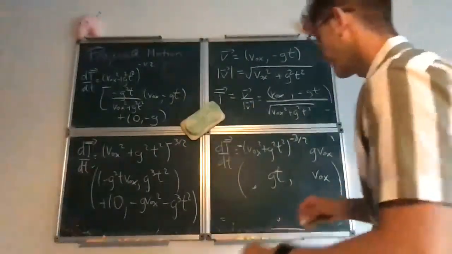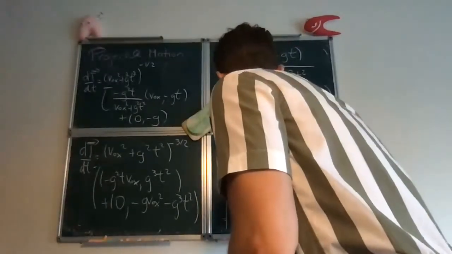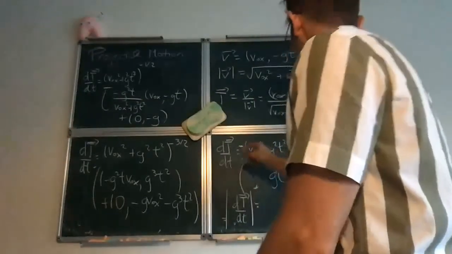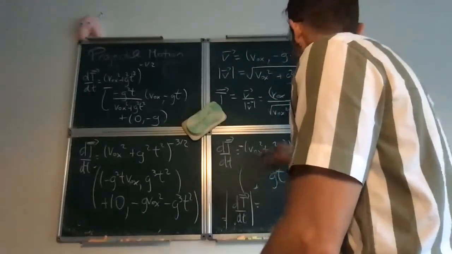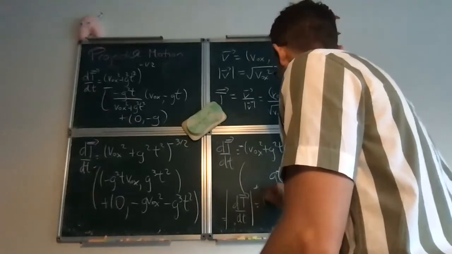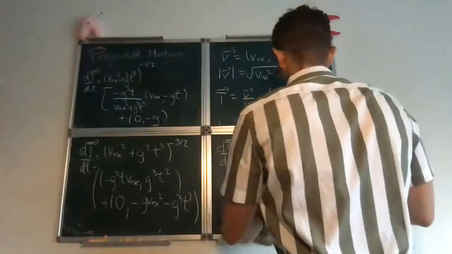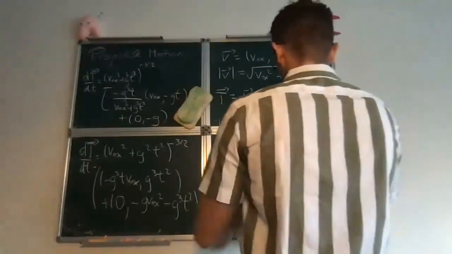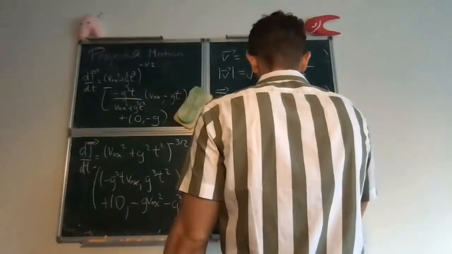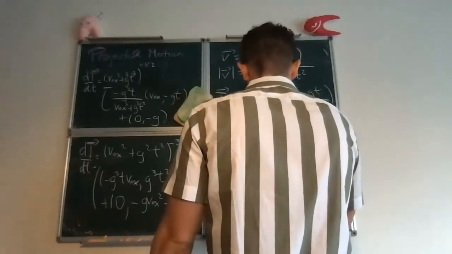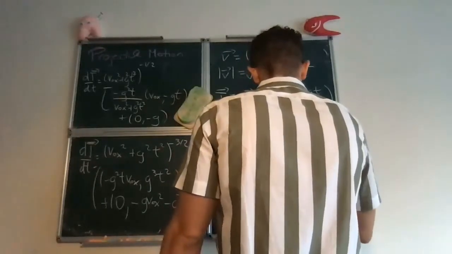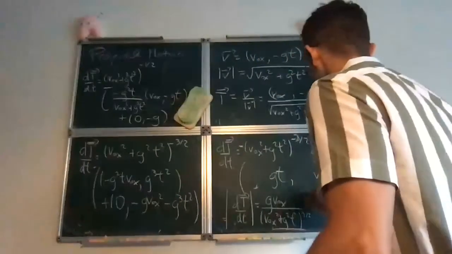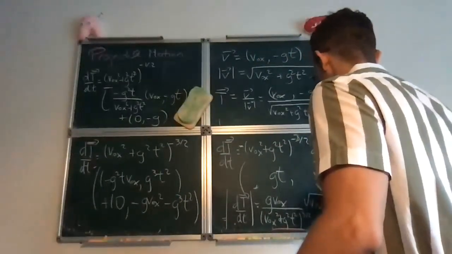Good. And now finally, the norm of this vector: the norm kills the negative sign, so you just get this term. You get g v0x. This goes to the denominator if you prefer, so this becomes (v0x squared plus g squared t squared) to the 3 halves, and then this becomes the square root of v0x squared plus g squared t squared.